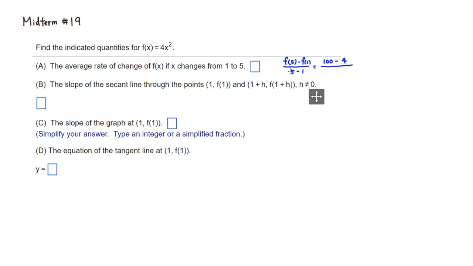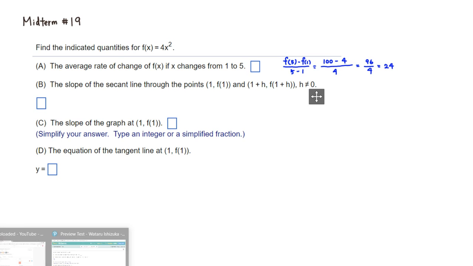And 5 minus 1 is 4. So this is going to be 96 divided by 4, which is 24.